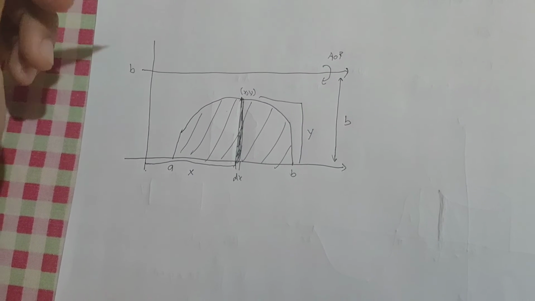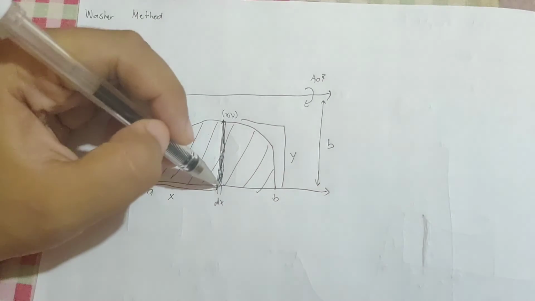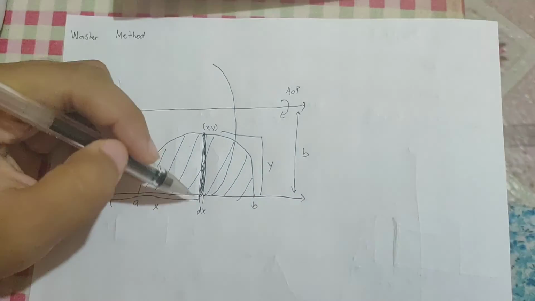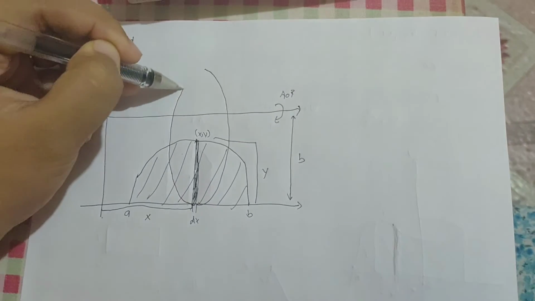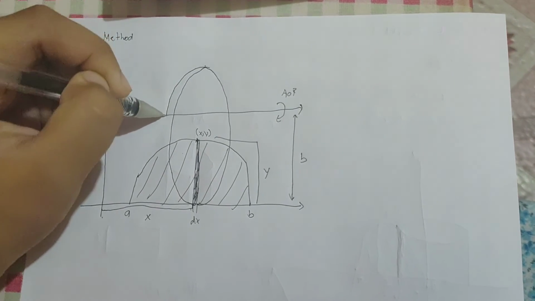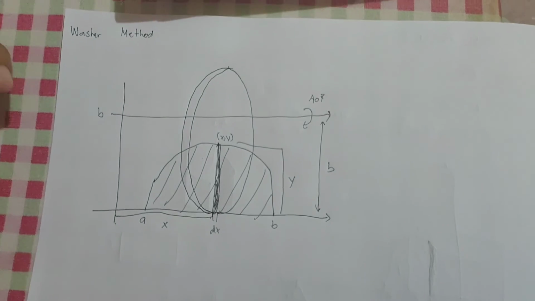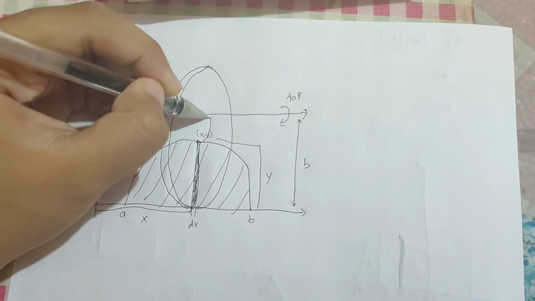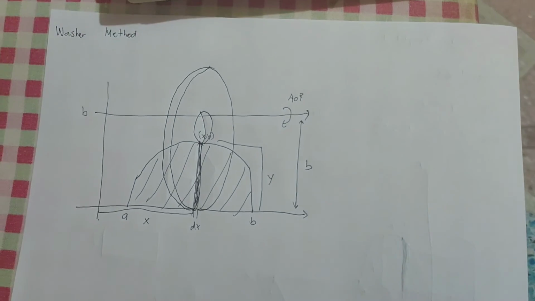So now we will draw our shape. It will look like this. It's like a disc, right? It's like the disc method that we tackled earlier, but we have a circle here, another circle there.